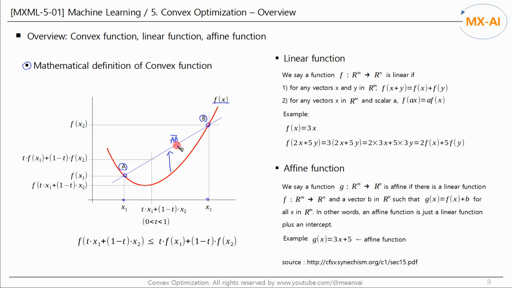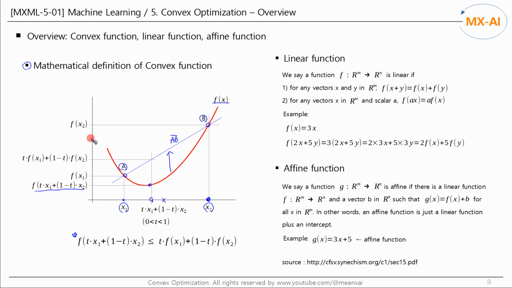The mathematical definition of the convex function is as follows. Pick a t-weighted average point of x1 and x2. If t is 0, it is this point, and if t is 0.5, it is the midpoint. Then the value of the function f at this point is here.